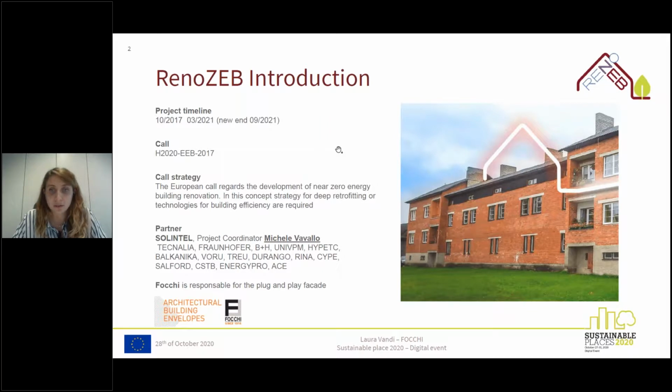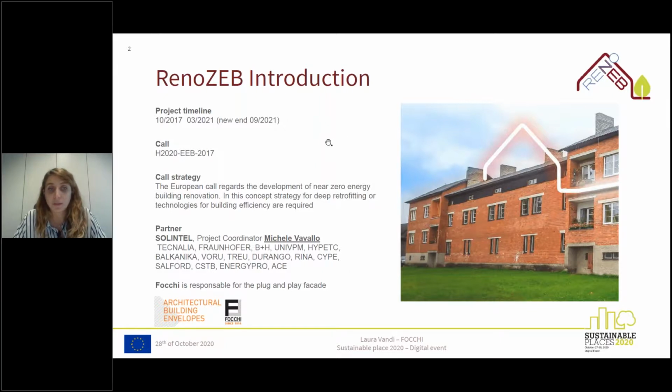The Horizon 2020 call regards the development of near zero energy building renovation. In particular, it talks about the strategy for the deep retrofitting and the technology for building efficiency. renoZEB project involved 18 different European partners, and the project coordinator is Michele Vavallo from Sonlintel.